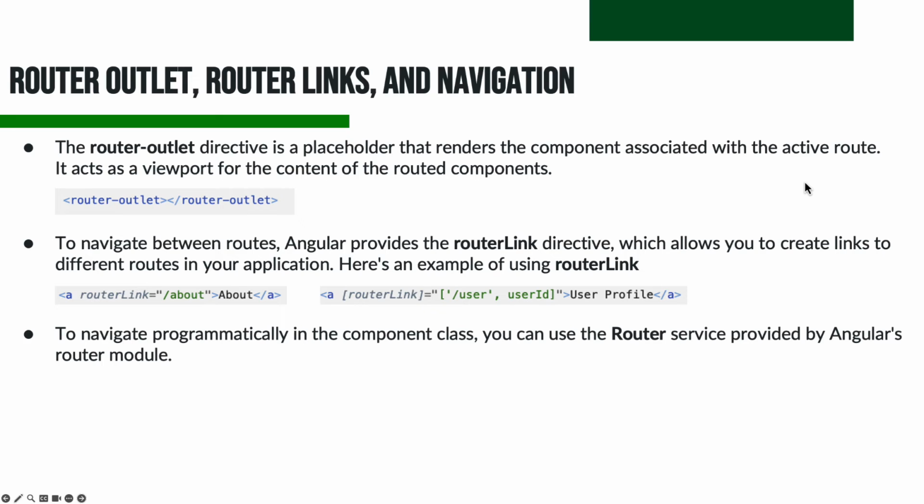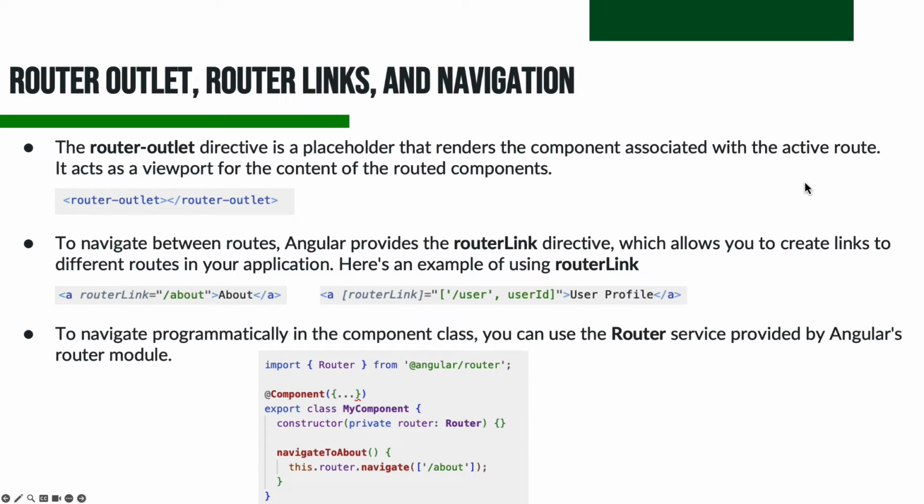Angular also provides programmatic navigation. To navigate programmatically in the component class, you can use the router service provided by Angular's router module, and we can use it in this way. First we need to import the router from the package angular/router, and then within the component, all we need to do is inject this router service, and then use the instruction this.router.navigate and then the path segment that we want to navigate to.